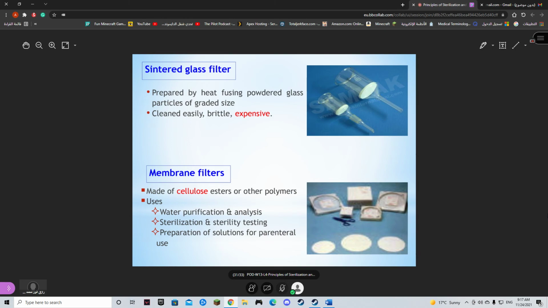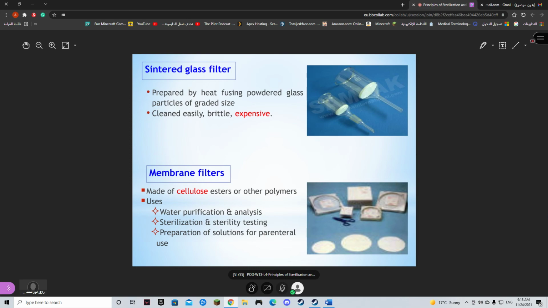Yes, the sintered glass filter. Very expensive because you are supposed to use it only one time. It has specific pores, and the pore size is less than 0.2 micrometer, so it's very good to use. But nowadays we are using membrane filters, the very famous one.